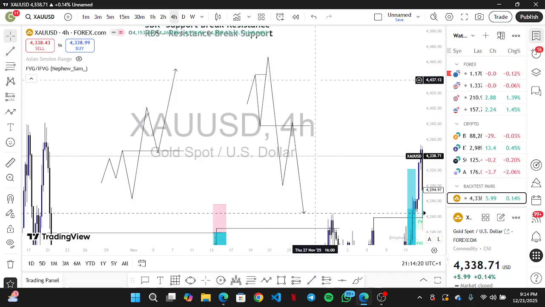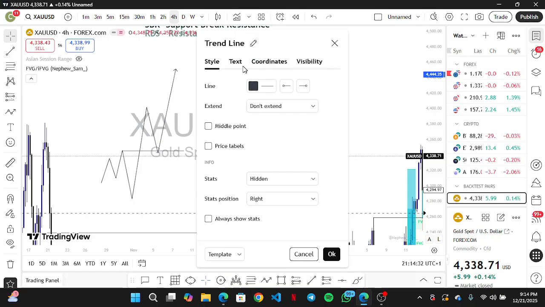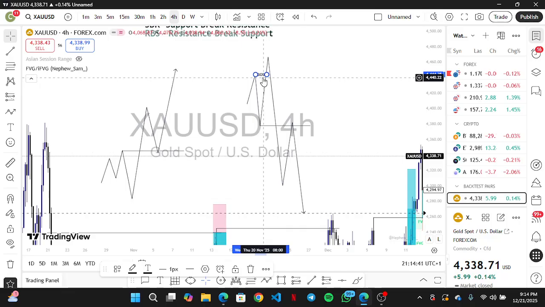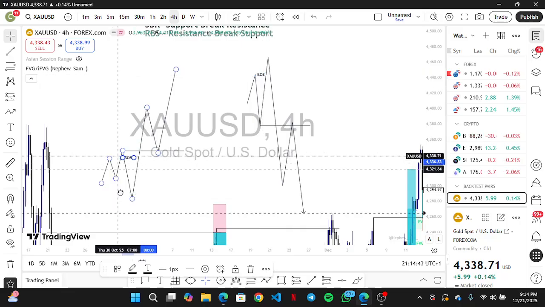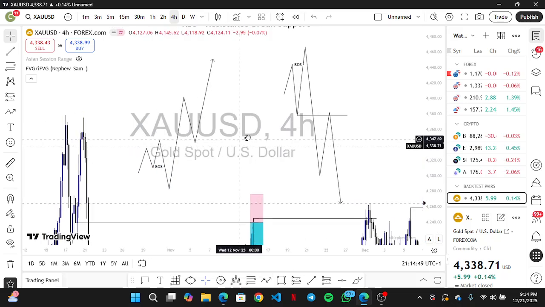A break of structure means price went above and broke a previous high. BOS, like that. And price should also have given a BOS in the opposite direction for the bullish case.